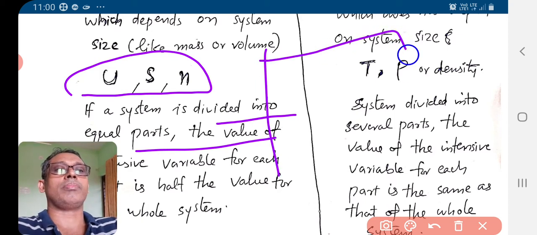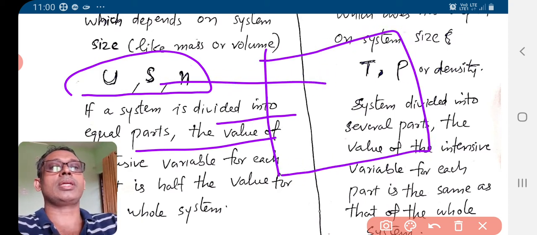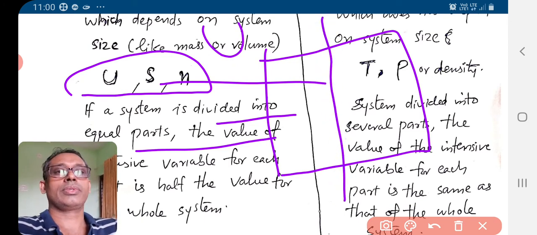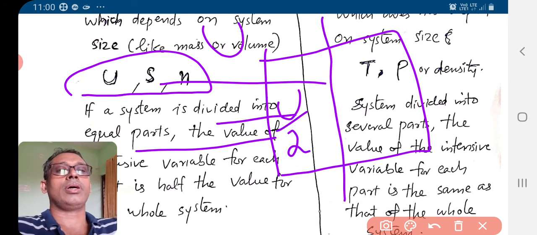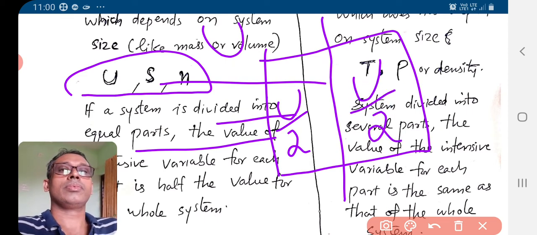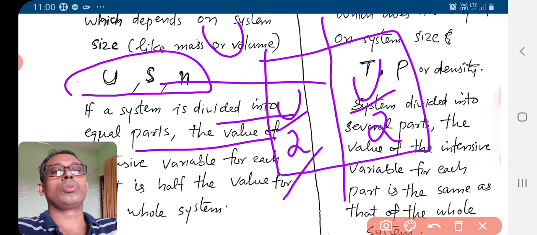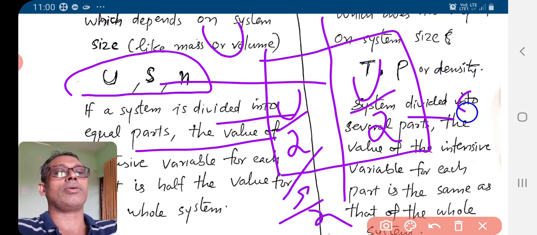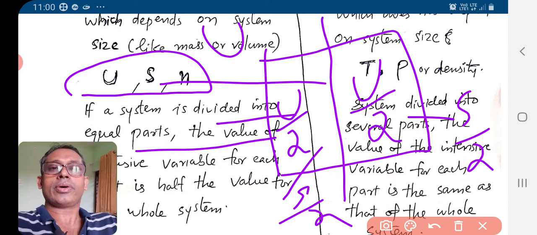Suppose you have a system like this. Suppose its total internal energy is U, and you divide the system into half. This one will have U by 2 energy, and this will have U by 2 energy. Same way, the total entropy S, this will have S by 2, this will have S by 2.